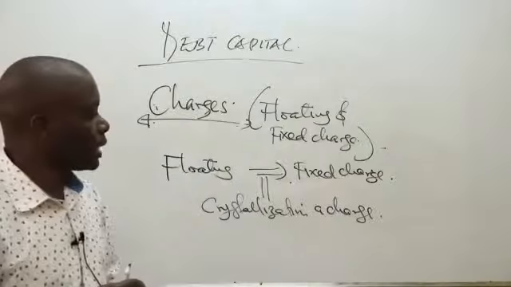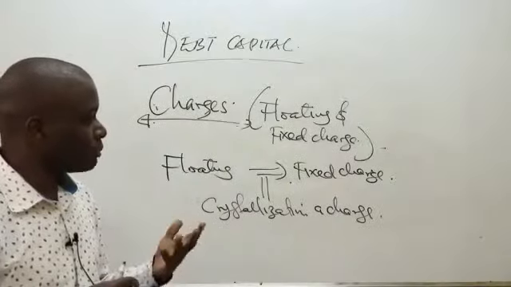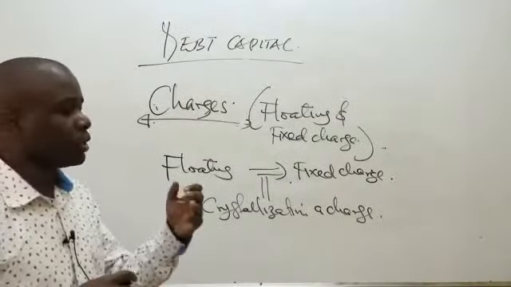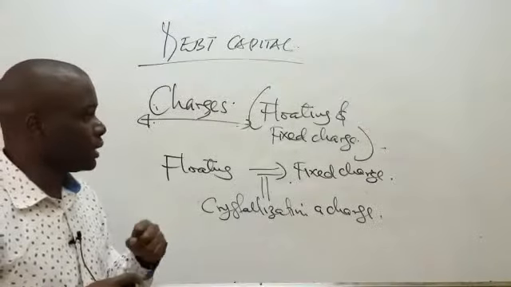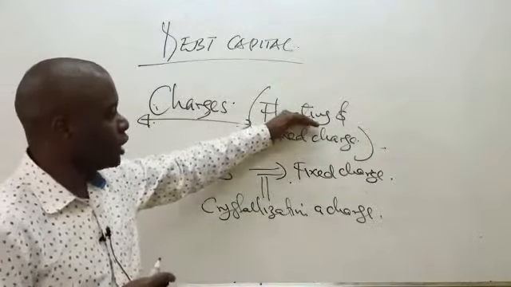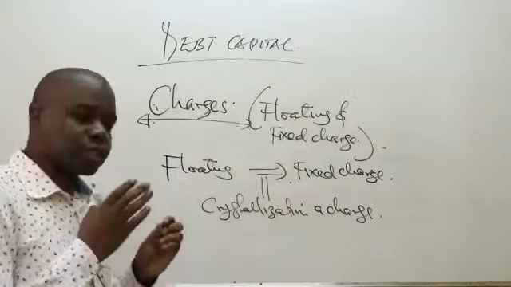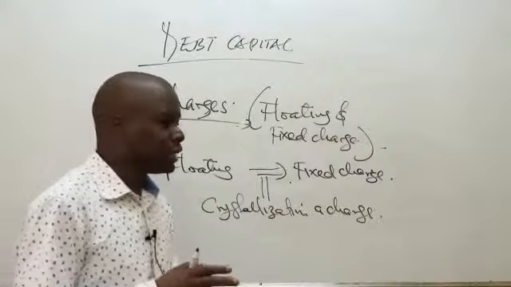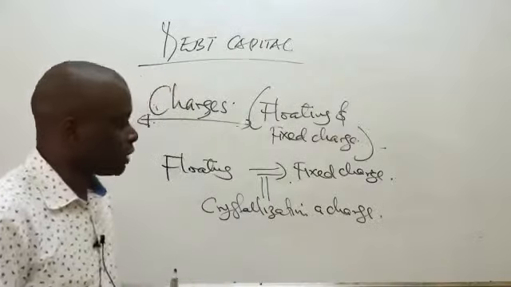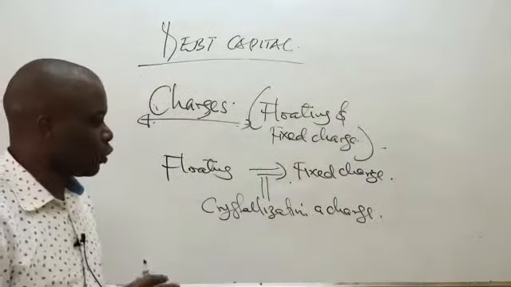But if under the agreement you can use the assets however you want without consulting the lender, then that kind of charge will be described as a floating charge. But it floats until an occurrence of an event. We'll see other events that can make this floating charge settle or crystallize.